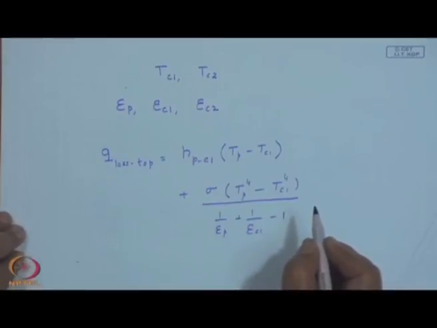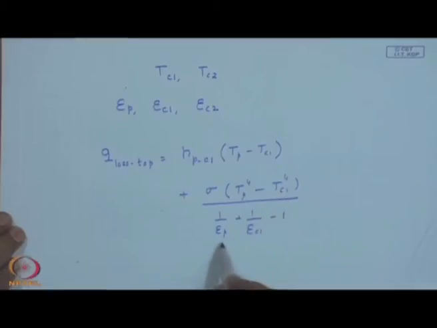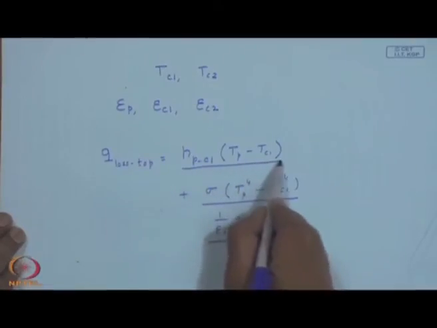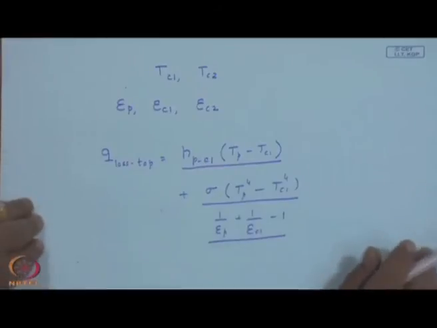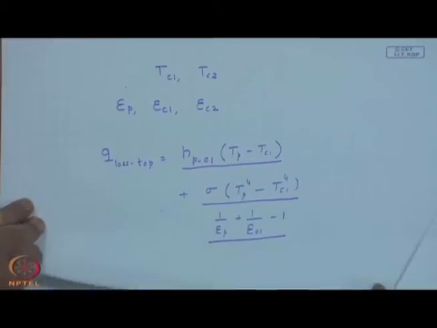So, we are treating them as infinite parallel plates at temperatures T p and T c 1 and the corresponding emissivities are epsilon p and epsilon c 1. So, this is the radiative loss and this is the convective loss. So, the same amount of loss should go from cover 1 to cover 2 and eventually to the ambient.